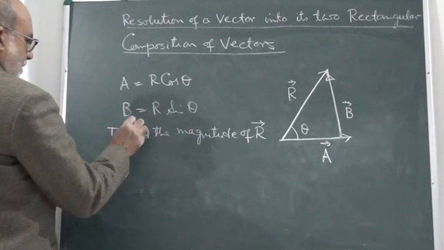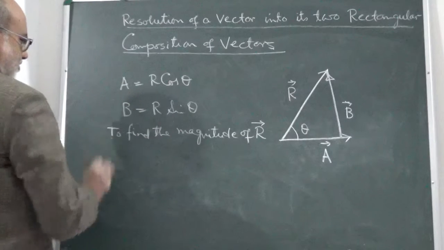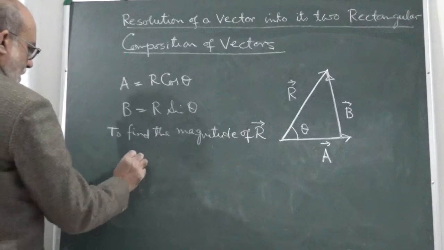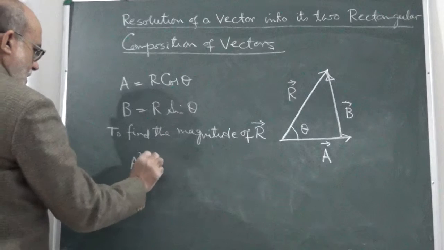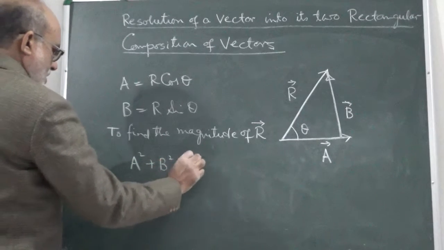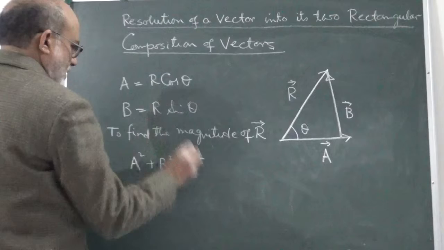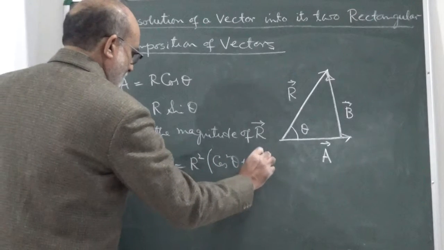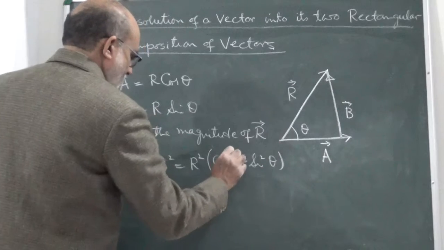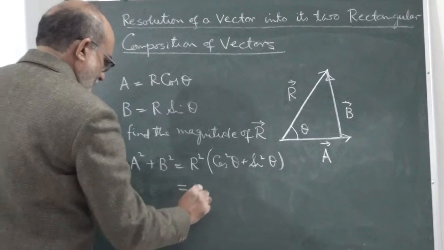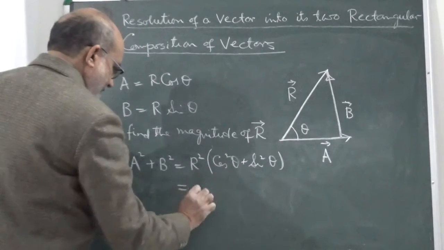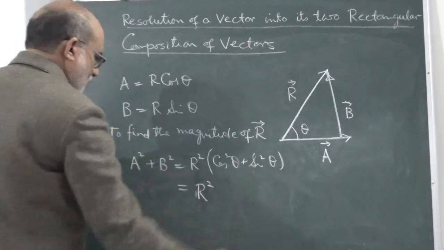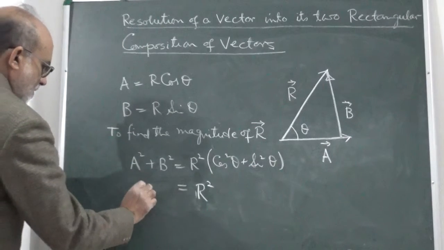So what we have to do is just square and add. If you square and add, you will get A square plus B square is equal to R square, cos square theta plus sin square theta, which is R square, because cos square theta plus sin square theta is 1.